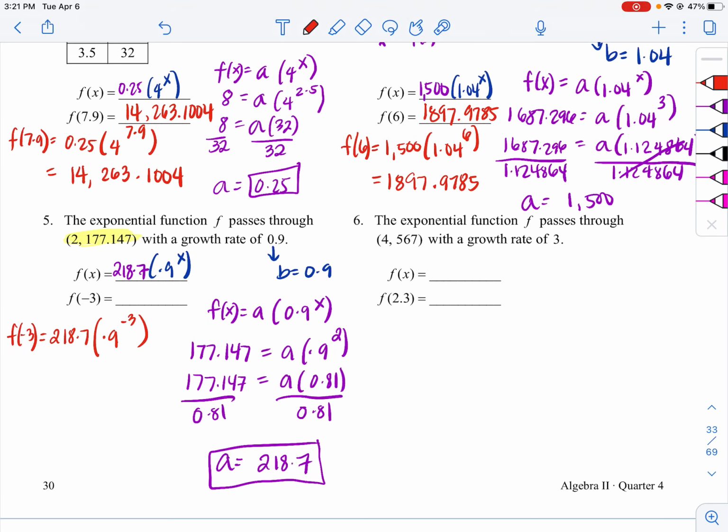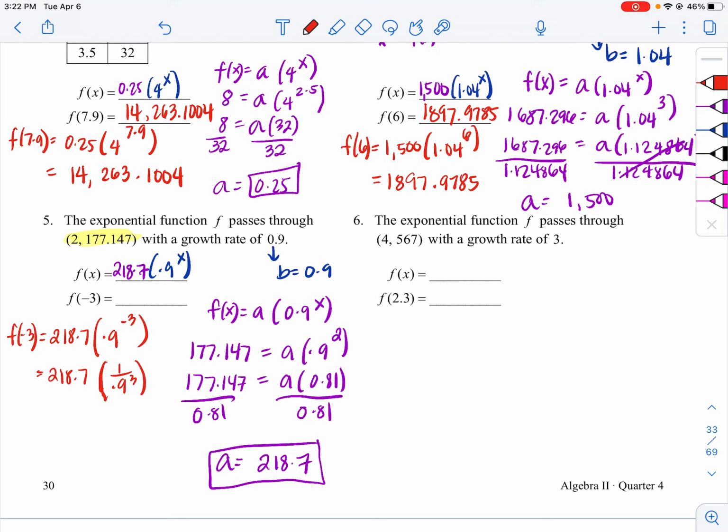And we need to remember that when we have to the power of a negative 3, that means that we have to do a reciprocal of that number, yeah? So that is technically 1 over 0.9 to the power of 3. Again, in the calculator, make sure that you do, let's put that in there.